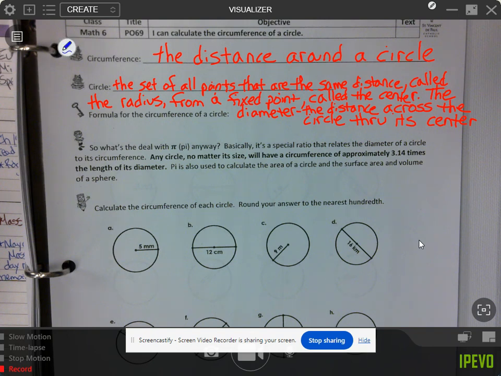So if we look at that, the radius, when we look at our circle, the radius is from the center to the outside. So radius is center to the outside, and we call that R. The diameter goes through the center from side to side, and we call that D. How many radiuses are in a diameter?